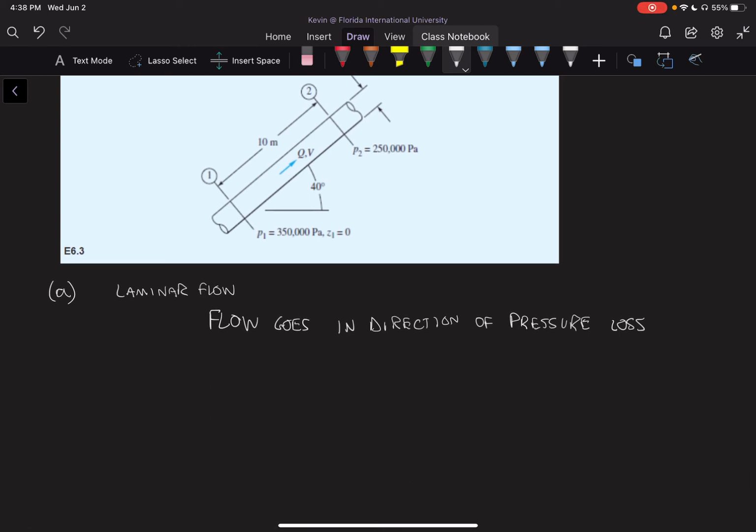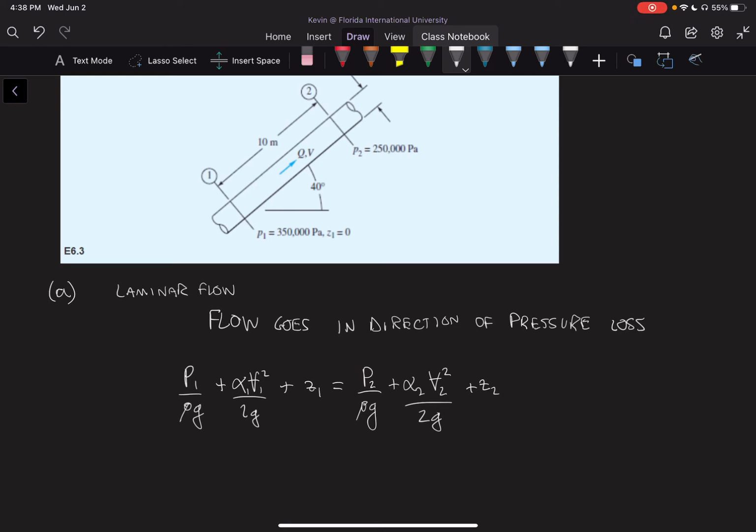So our energy equation says that P1 over rho g plus alpha 1 V1 squared over 2g plus Z1 is equal to P2 over rho g plus alpha 2 V2 squared over 2g plus Z2.